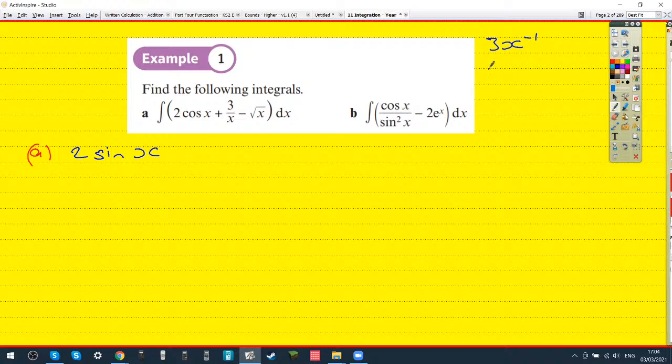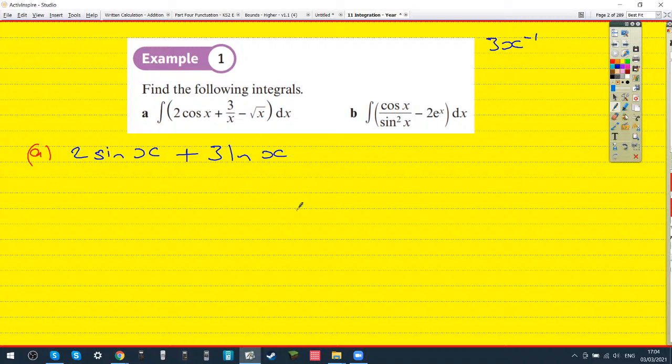What is -1 plus 1? 0. X to the 0 is the same as 1, so just 3. You'd think so, but definitely the derivative of 3 isn't 3 over x. I believe it's a special one, 3 ln x.